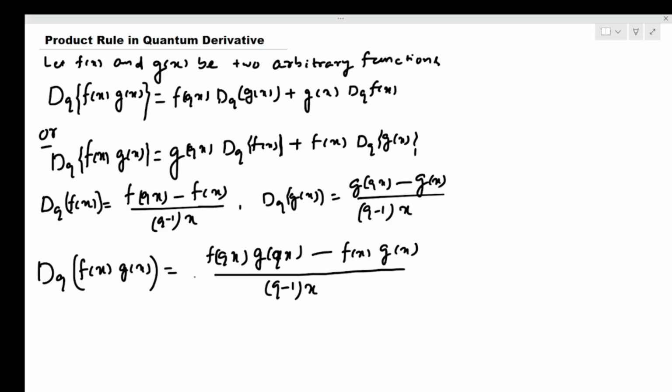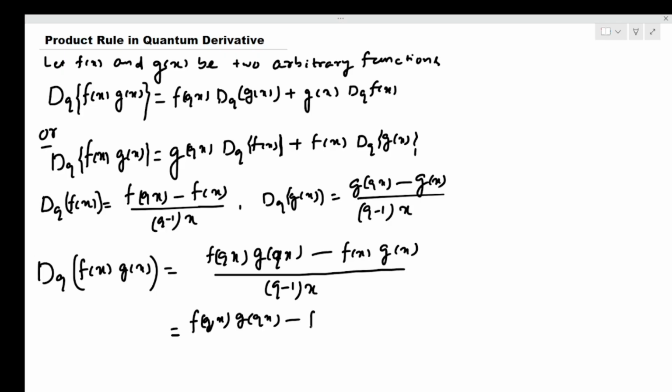Now what we have here is f of qx into g of qx. Now what I will do is subtract one term and add one term.